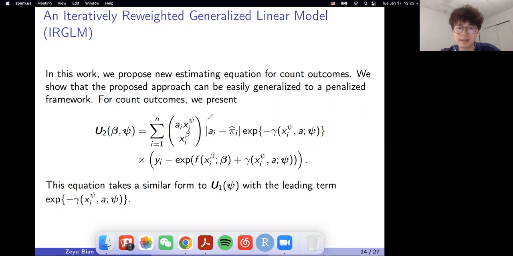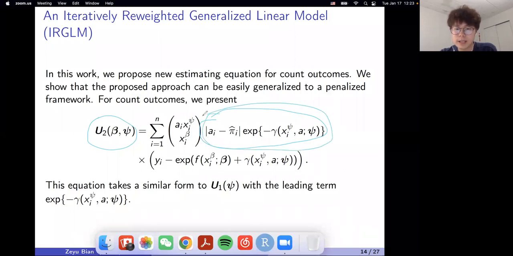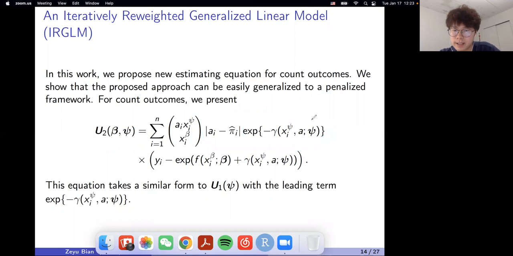So it turns out that if you treat this term as a constant here, then this U2 equation is basically an estimating function for a generalized linear model for count outcomes. And with this term as the weights. So it's a weighted generalized linear model estimating function. However, note here that this exponential term is actually not a constant because it contains an unknown parameter psi here.